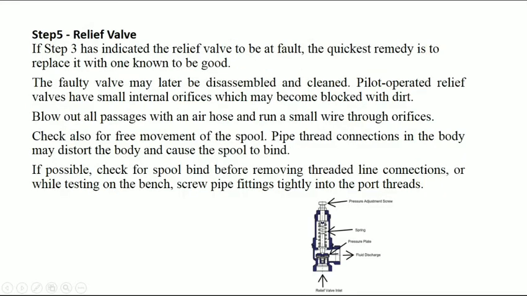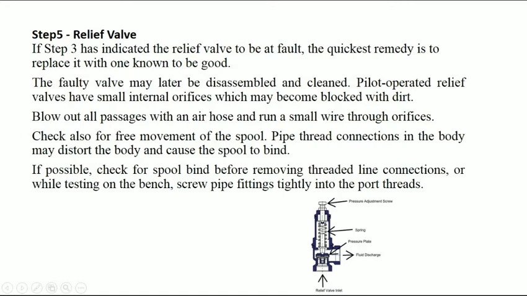Then the fifth cause is the pressure relief valve. So already it is indicated in step 3. The quickest remedy is to replace it with one known to be good. The faulty valve may later be disassembled and cleaned. Pilot operated pressure relief valves have some internal orifices which may become blocked with dirt.